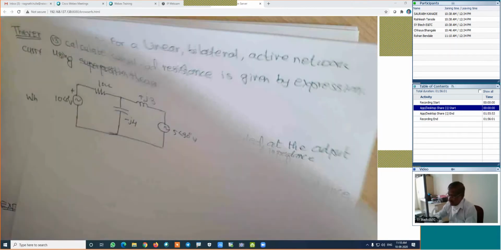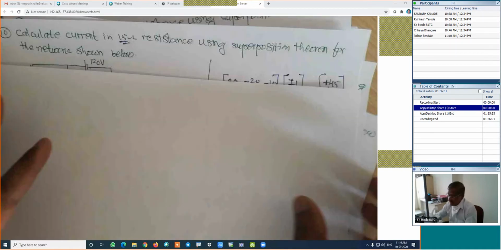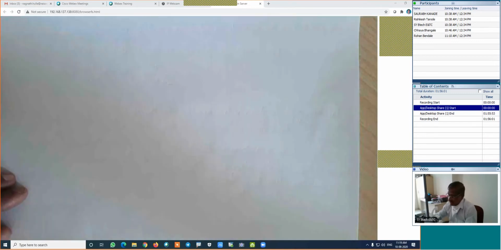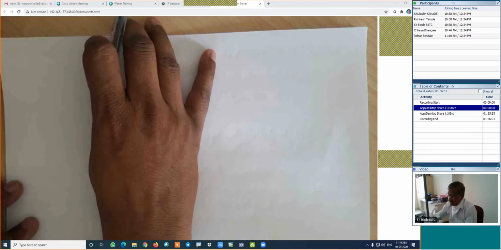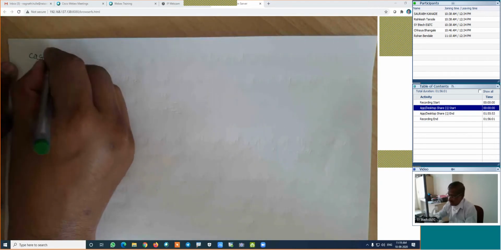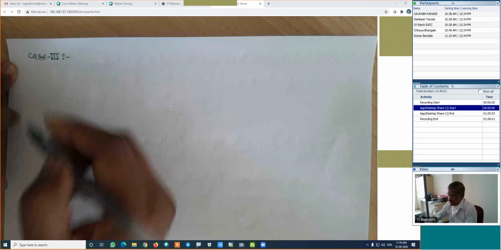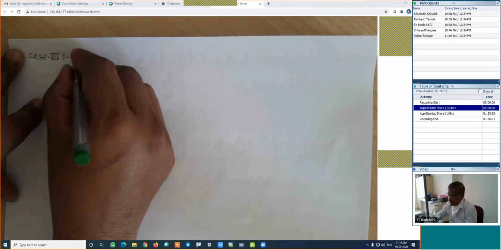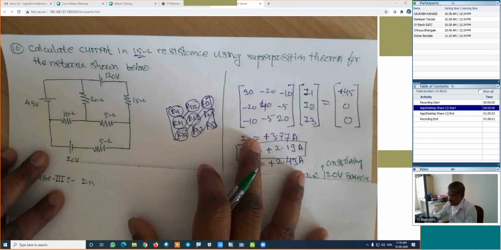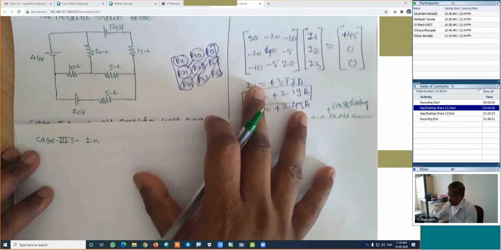We will start with case 3. Now here in case 3, I will show something here. We will consider case 3. Is it right? This is case 3. How is case 3? In case 3, just I will show here somewhere. This is the figure. Is it right?